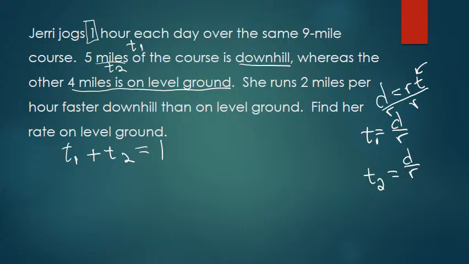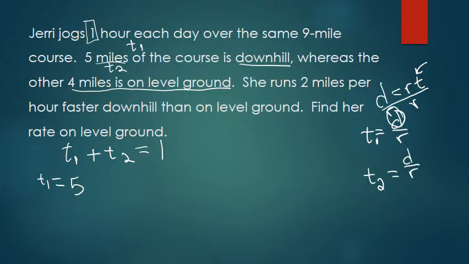Okay, so my T1, which is the 5 miles of the course, is downhill. Well, my 5 miles goes into the d for my T1. So I'm going to go ahead and put 5, and again, this is my T1.